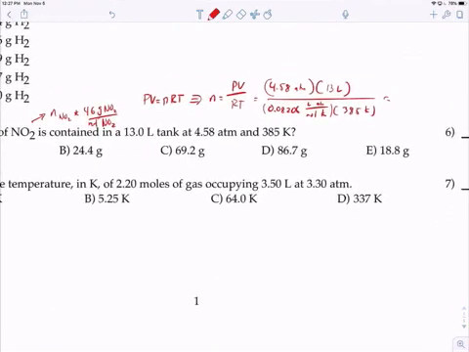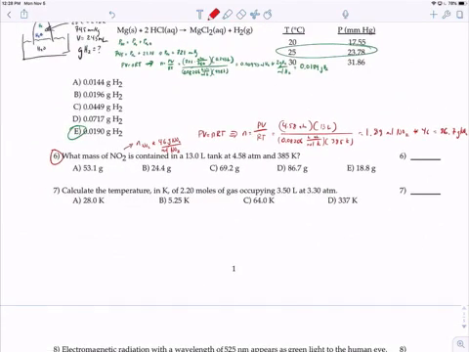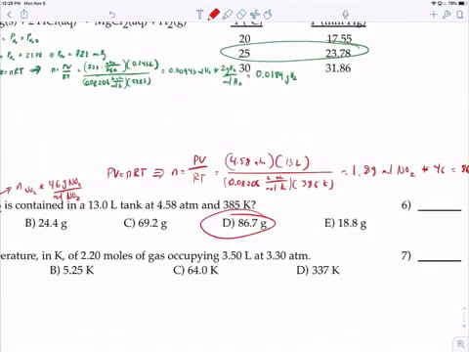So this is 1.88 moles NO2. Then we multiply by 46, and we get 86.7 grams NO2, which is D.